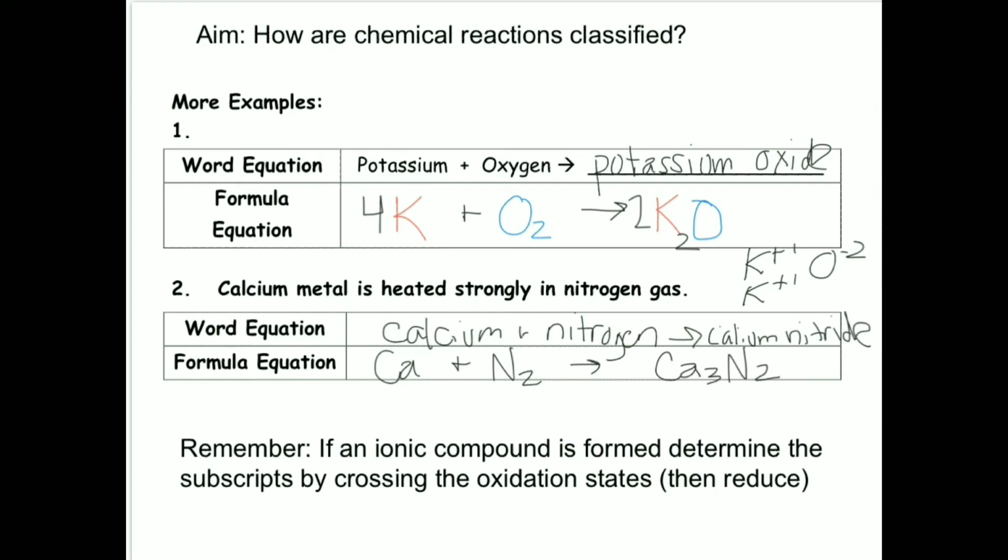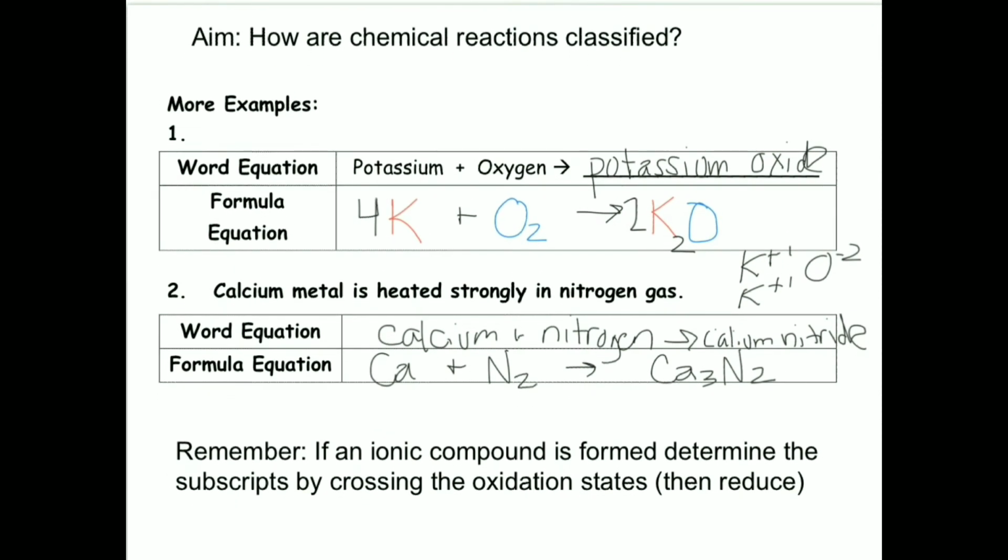We must write the formula of calcium nitride so the overall charge is 0. Remember that calcium has a +2 charge and nitrogen has a -3 charge. Now pause the video and see if you can balance the formula for the synthesis of calcium nitride.